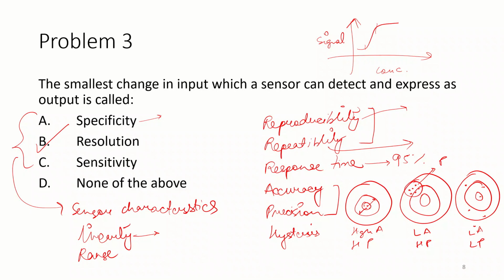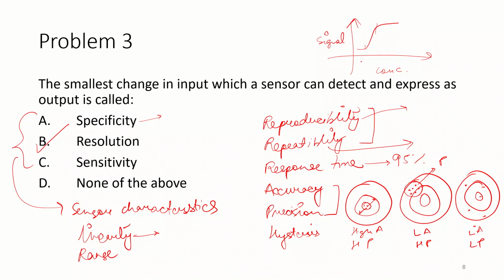So then the hysteresis. What's hysteresis? Hysteresis is essentially to understand the direction dependent property of the sensor.